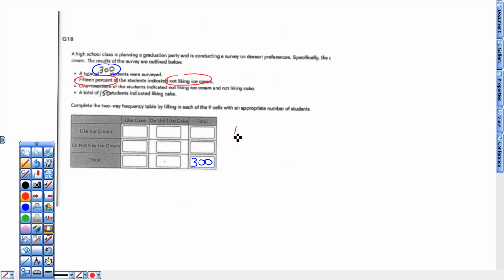So 15%, remember, as a decimal is 0.15. If I move the decimal twice to the left, it changes it from a percent to a decimal. And if I take that 0.15 times the 300 number, I'll get the total that do not like ice cream. So 300 times 0.15 gives me 45, which goes in this box right here. The total that do not like ice cream, 45.